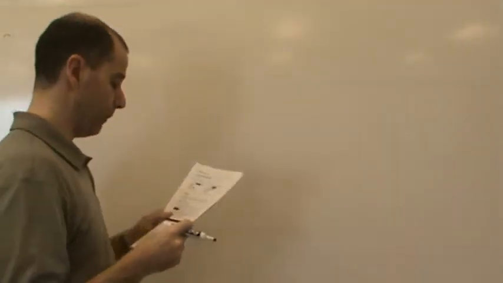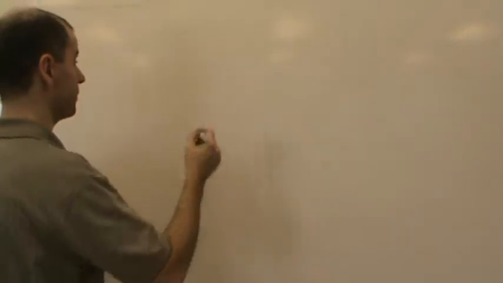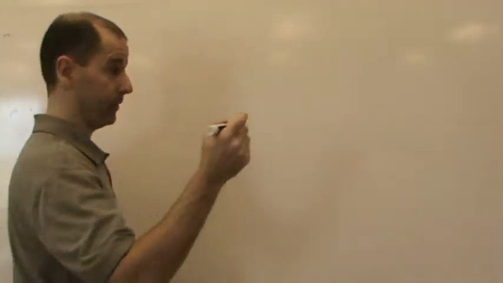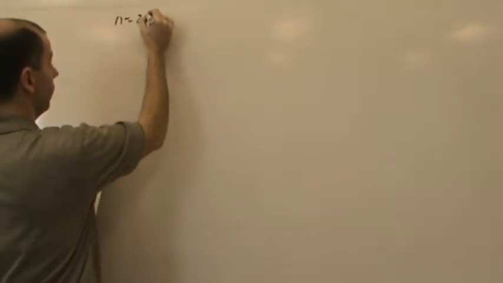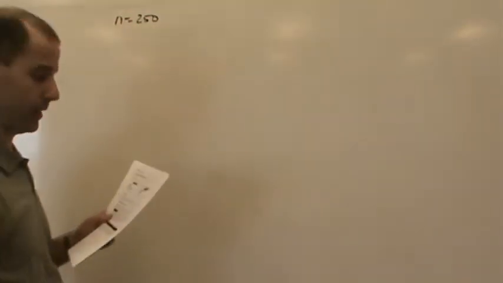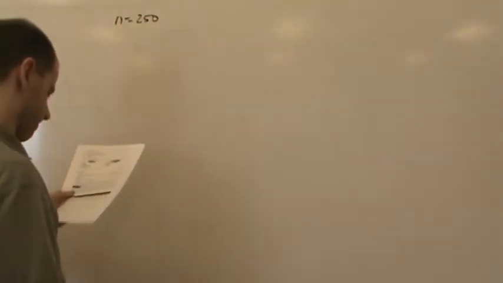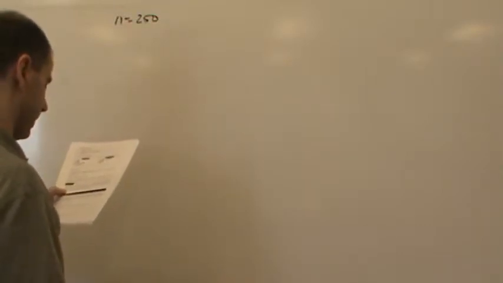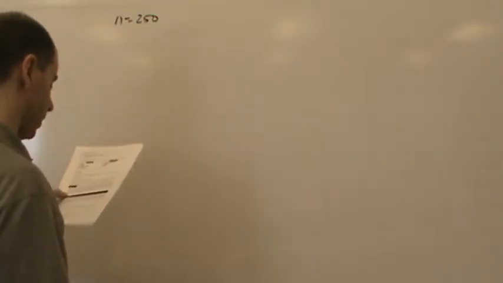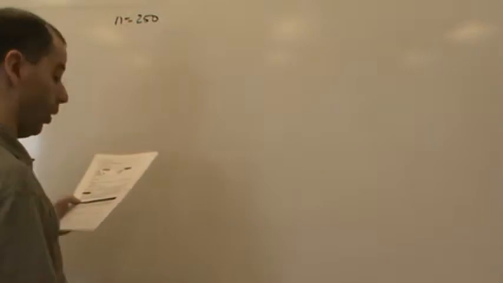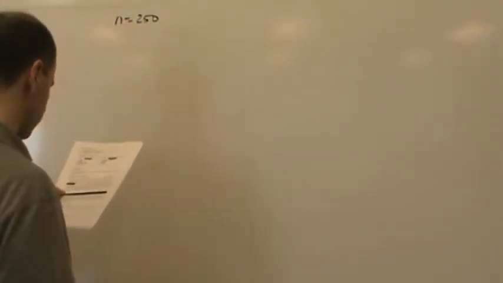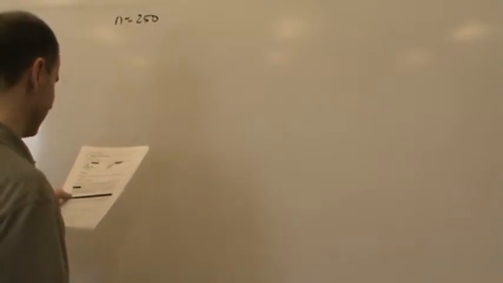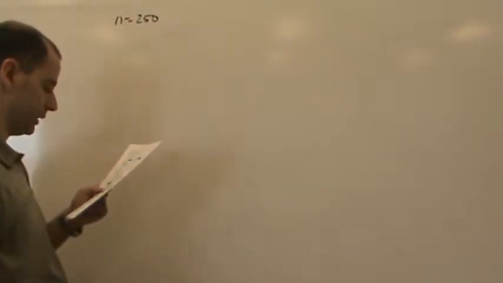Okay, so now, what's the sample size in this case? Well, the sample size is 250, right? So n is 250. And we're interested in the proportion of people who own tablets. Okay, so now of the 250 people surveyed, 98 reported using a tablet.